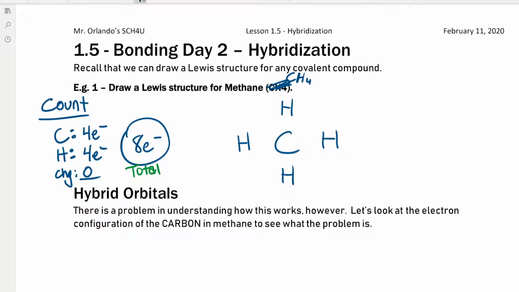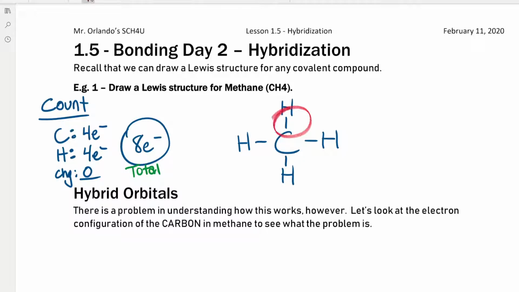just like that. And once we've done that, well, we can draw a bond here, a bond there, a bond there, and a bond there. And now we can count electrons.